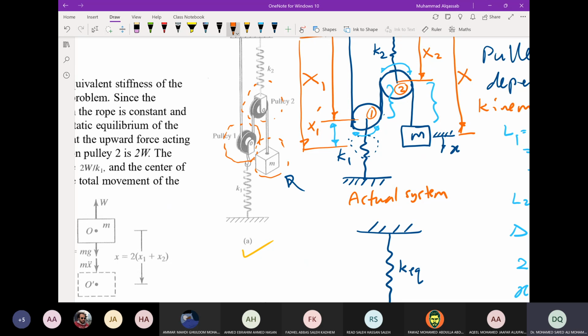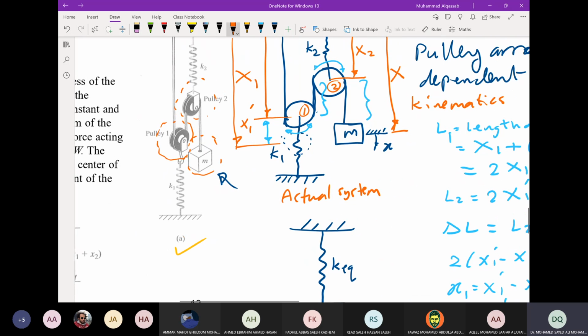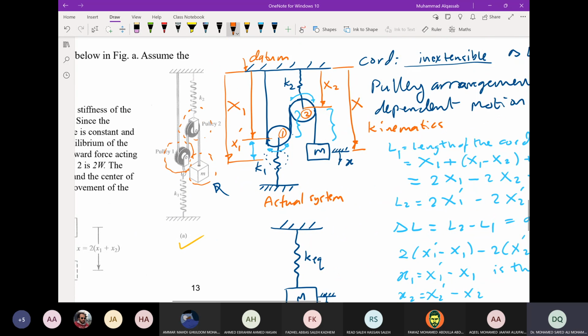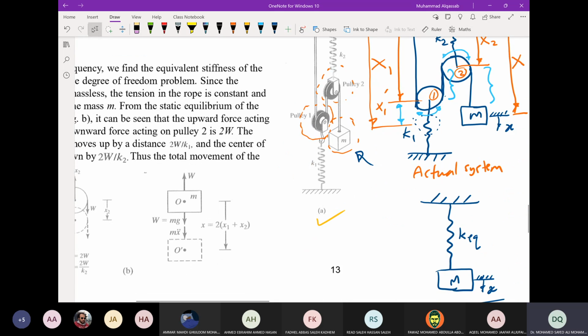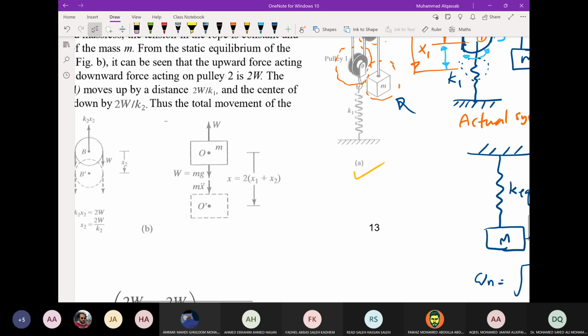For the assumption that the cord is inextensible, the pulleys are frictionless and massless, the tension in the cord is the same at any point. So when you take the mass, then the tension in the cord will equal to W.